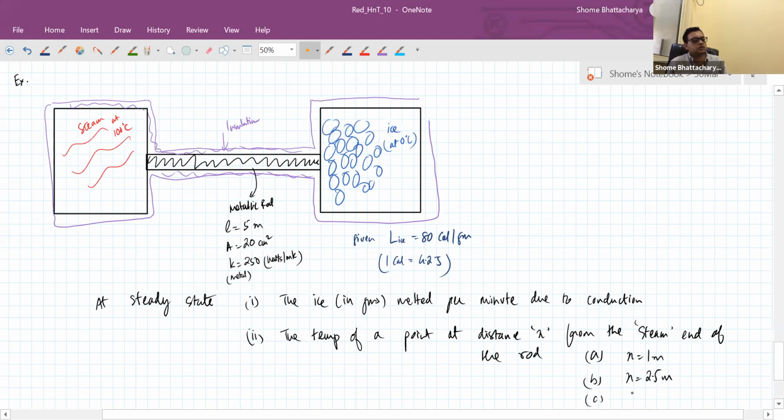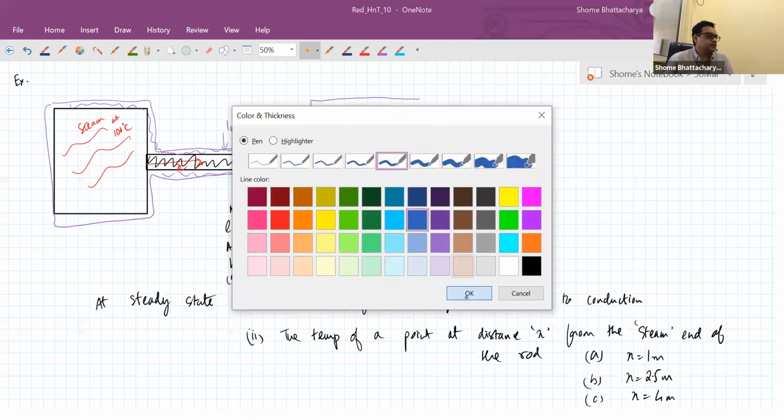So can you scroll up for a bit? You just arbitrarily take any point inside, which is at a distance x from this side. You want to find the temperature at that point at steady state. You'll see that we can do this question quite easily by just applying the principles that we've discussed above.